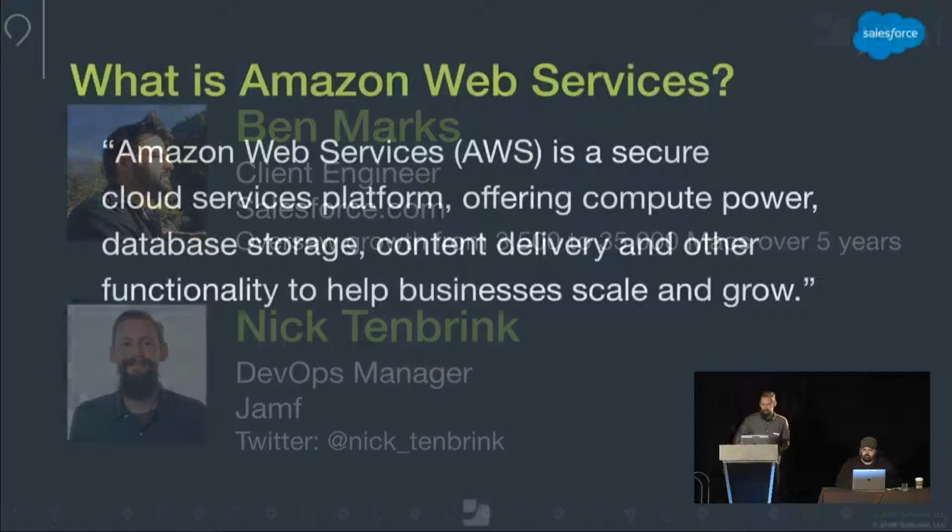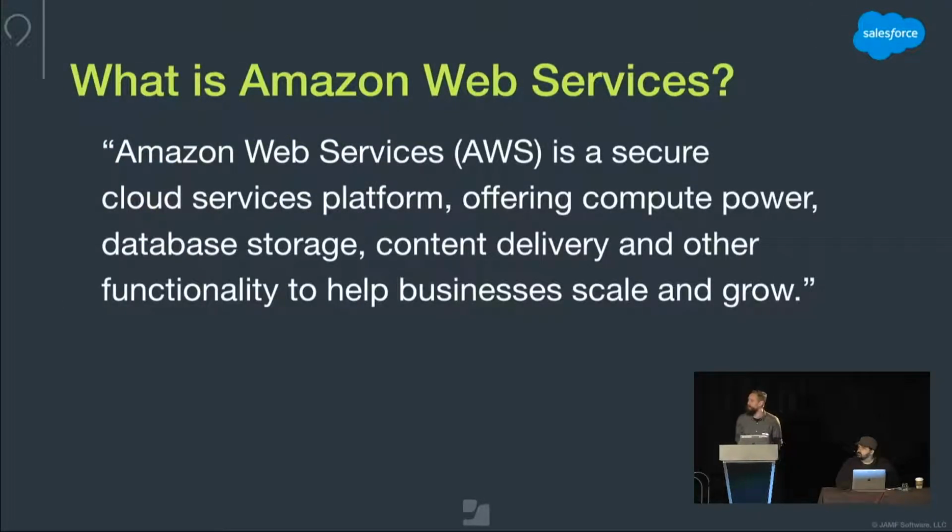So what we're going to be giving here today is a pretty high-level abstraction for you of what is AWS or Amazon Web Services. Amazon Web Services is a cloud platform that you can utilize in many different ways.